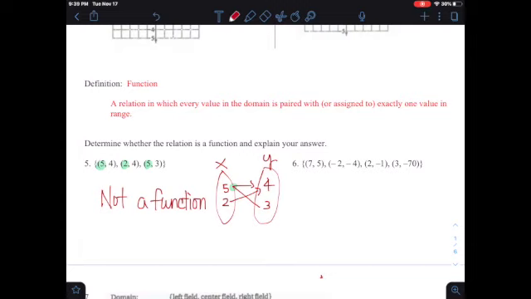But you say, but Miss Wiesman, the Y gets to be used twice. It's okay, it's just only the X. And the reason for that is if you plot the points, you have 1, 2, 3, 4, 5, 1, 2, 3, 4. There's that point. And then you have 1, 2, 3, 4 right here. And then 1, 2, 3, 4, 5, and 3. Did you notice the points line up and down?